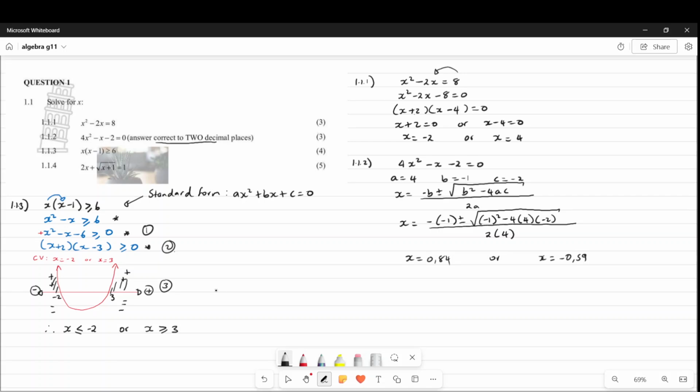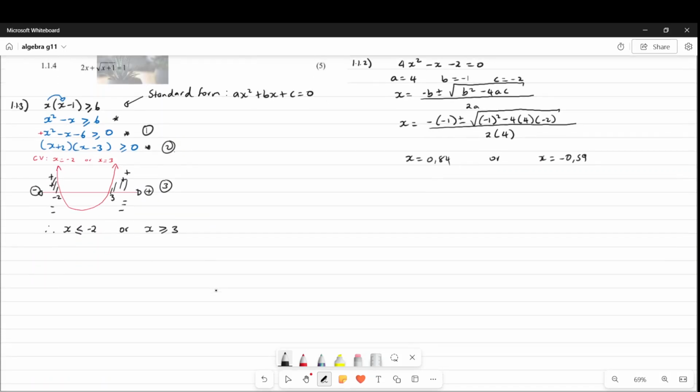So now we're going to see question 1.1.4. It says 2x plus the square root of x plus 1 is equal to 1.